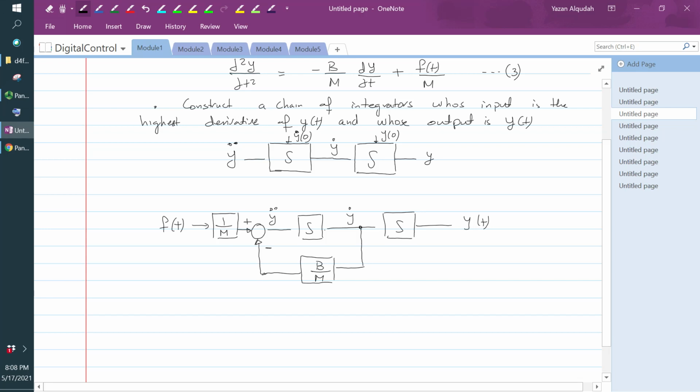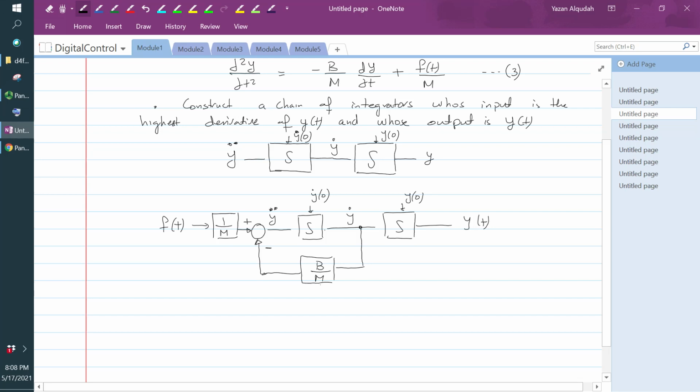So y double dot equals f of t multiplied by 1 over m, minus b over m multiplied by y dot, which is exactly what I have in equation 3. Of course, I can also have y dot of 0, the initial condition, and y of 0, the initial condition, here.